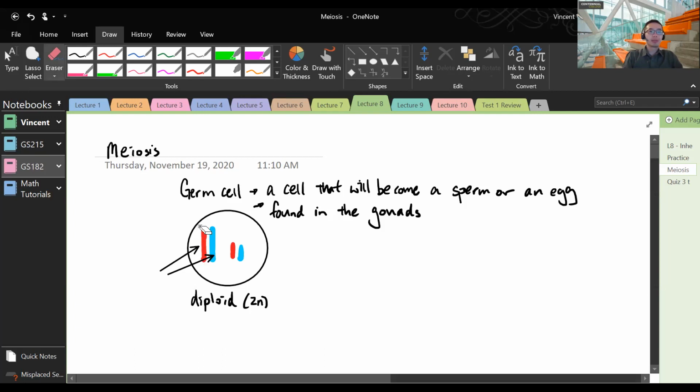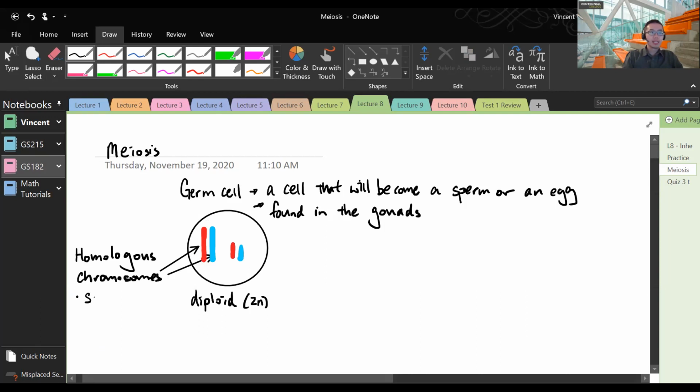Does anybody remember what we call these chromosomes? The 2 chromosomes, one here. What is the relationship between them? How do we refer to them? That's right. You can title it homologous. Okay, homologous chromosomes.